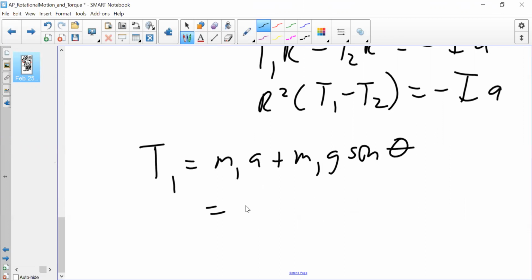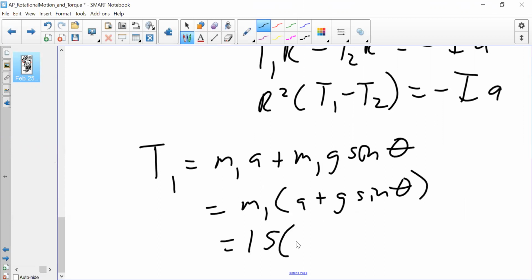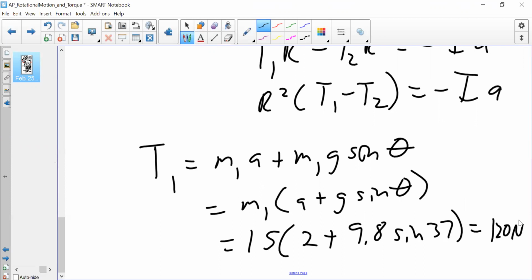Factor out the M1, you can see that this is going to be factored out. And then this is going to be 15 times sine of the angle down. So sine of 37, that becomes, I think that's like 120. I guess that's 120 newtons for the tension.